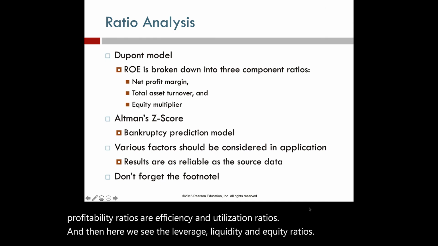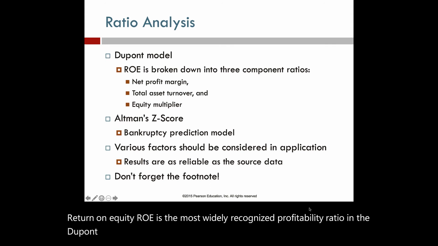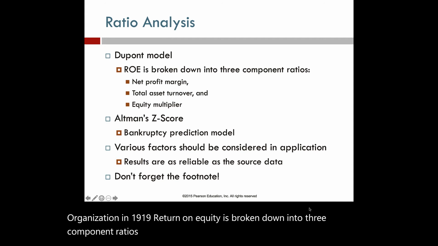Return on equity, ROE, is the most widely recognized profitability ratio. In the DuPont model, which was developed by financial executives at the DuPont organization in 1919, return on equity is broken down into three component ratios: net profit margin, total asset turnover, and the equity multiplier.